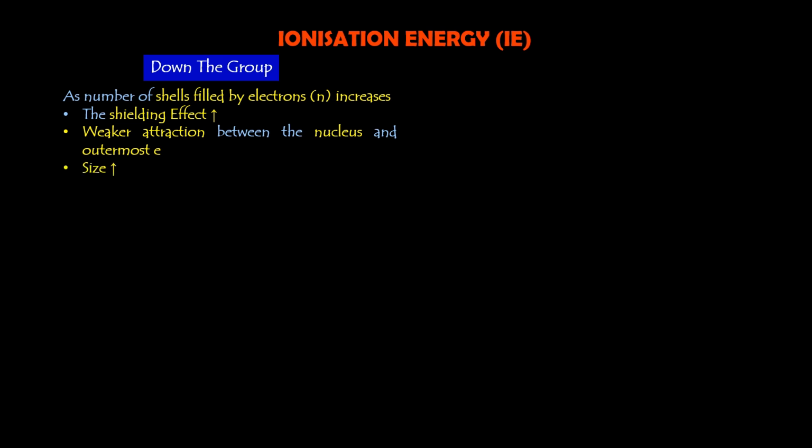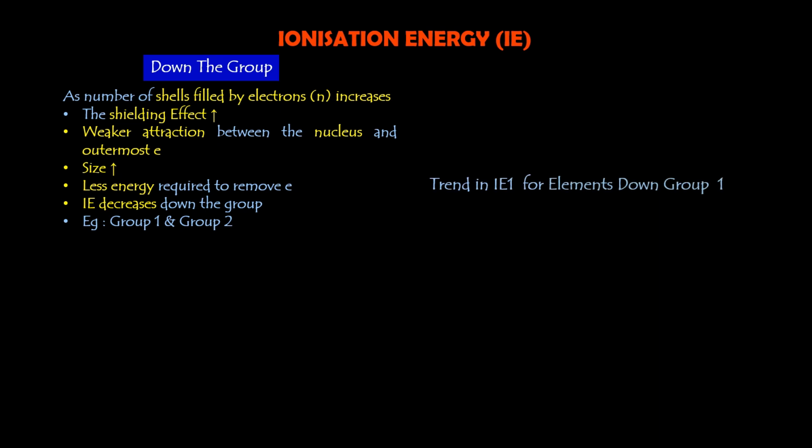Therefore, the size increases. Less energy is required to remove the electrons. Therefore, the ionization energy decreases down the group. For example, elements in group 1 and group 2. Here is the trend in the first ionization energy for elements down group 1.